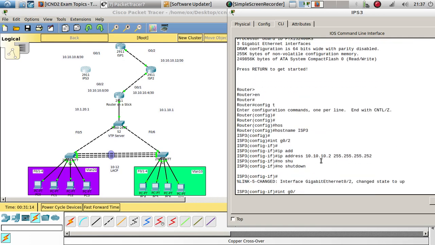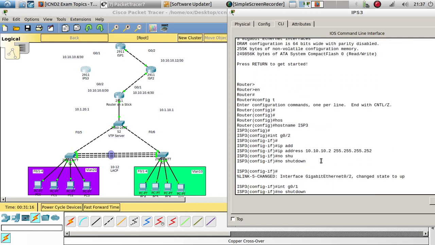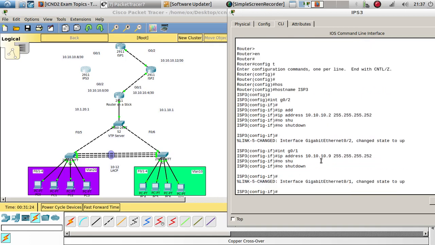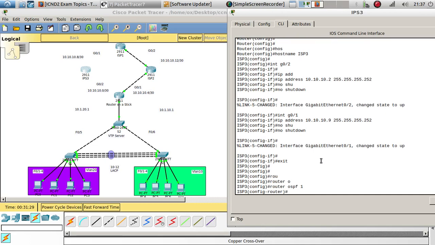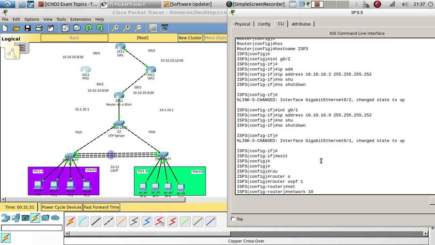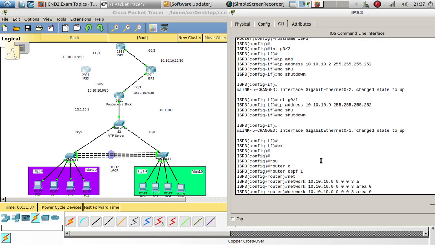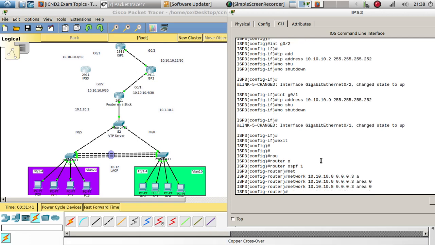Now let's do the other one, 01. IP address is going to be .13. No, .9. I'm sorry for that. Okay. Do a no shutdown. Let's go exit. Router OSPF process ID 1, network is going to be 10.10.10.0 3, then area of 0. The next one is going to be 10.10.10.8, same wildcard mask in the same area.